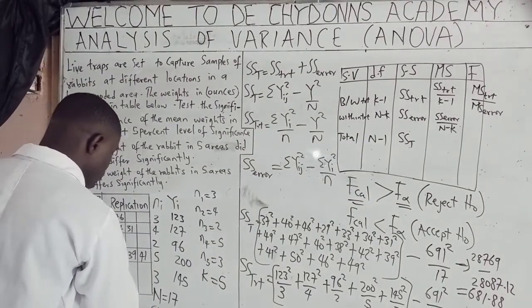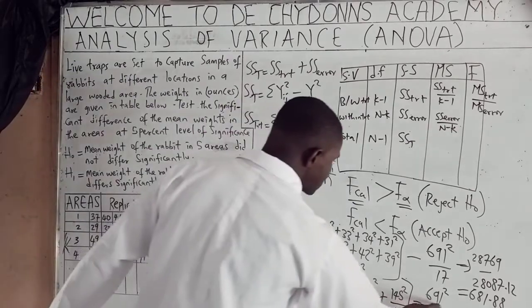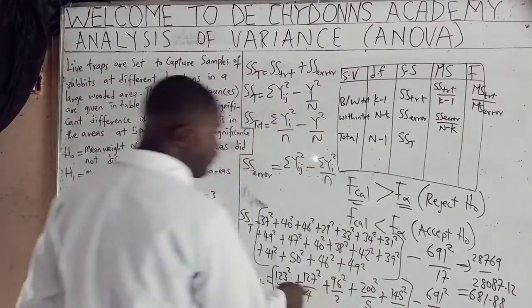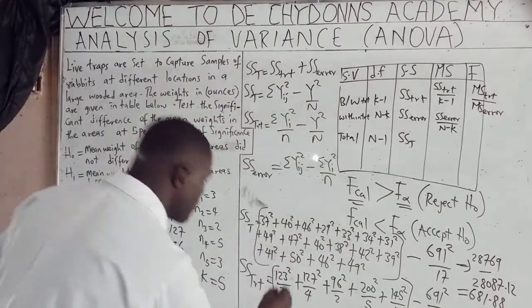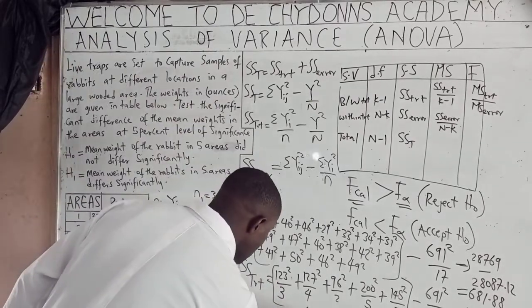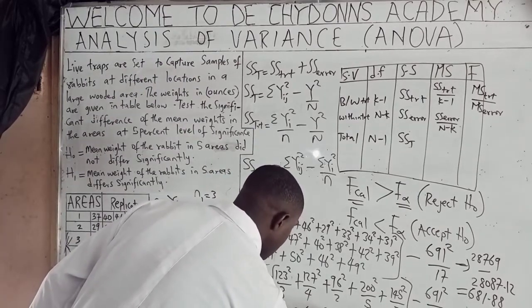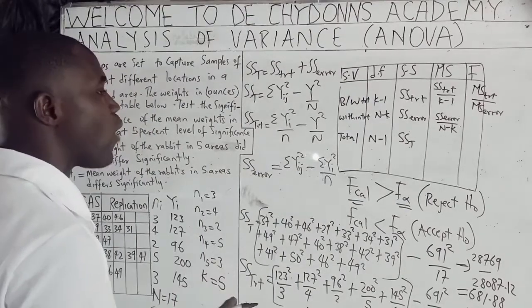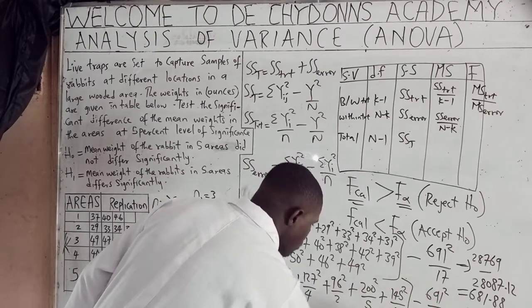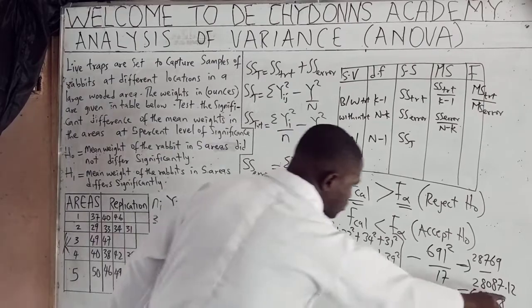If you compute this, it gives you 28691.583 minus 28087.12 as you got here.